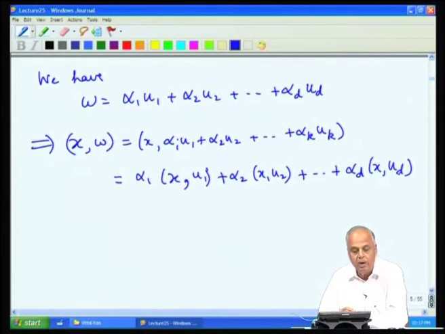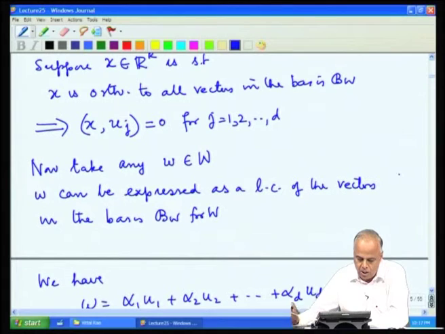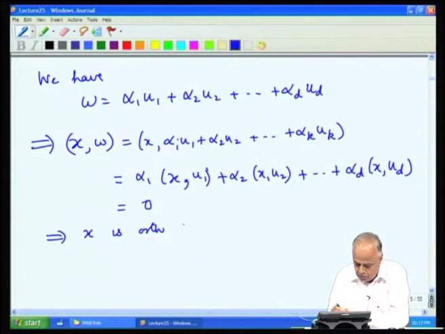But recall that we had assumed that x is orthogonal to all the basis vectors, and therefore, ⟨x, u_j⟩ is equal to 0 for every j. So, this becomes 0, which means x is orthogonal to w.